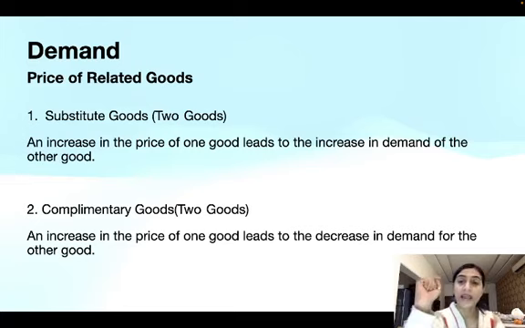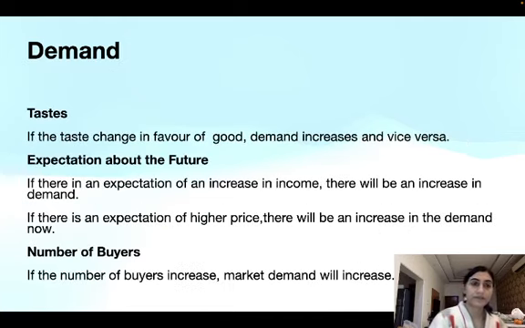So when the price of sugar increases, I will reduce my demand for sugar, and that tea's demand would also go down because I will not drink tea when I don't have enough sugar. So an increase in price of one good leads to a decrease in demand of the other good. Those goods are called complementary goods, and you can see that an increase in demand would lead to a rightward shift, and a decrease in demand would lead to a leftward shift.